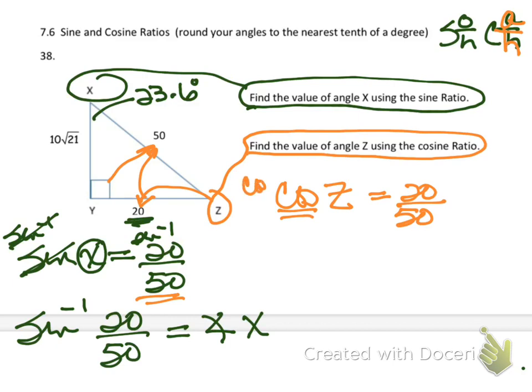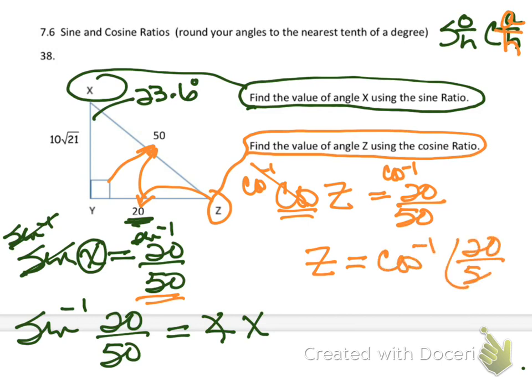So now you take the inverse by saying cosine^-1 of both sides. That cancels, so angle z will equal cosine^-1 of 20 over 50.